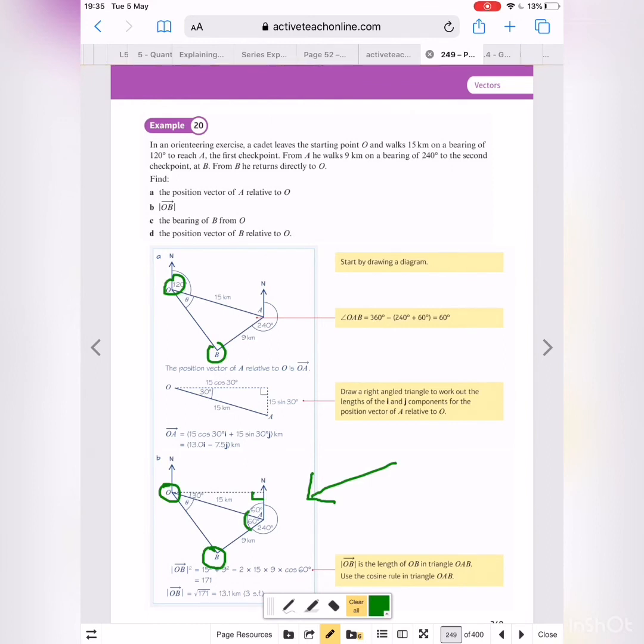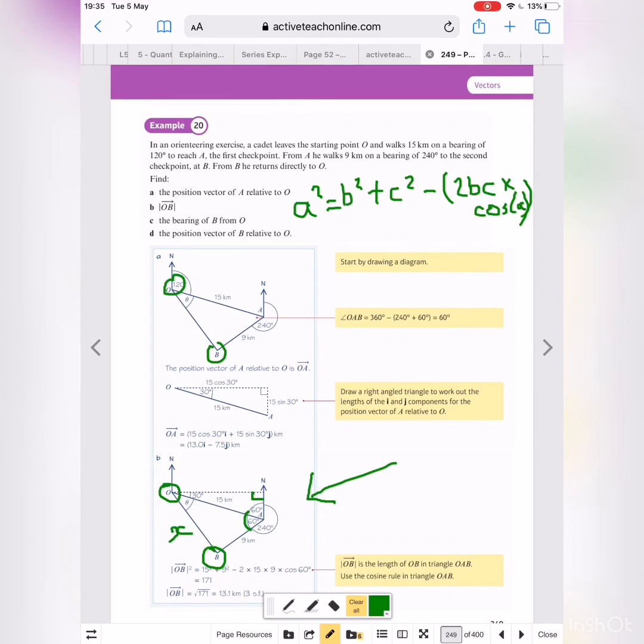Then all you need to do is your cosine rule, which is a squared equals b squared plus c squared minus 2bc cos A. Sorry, that had to go underneath. So we're saying that this therefore is a, because that's our unknown.